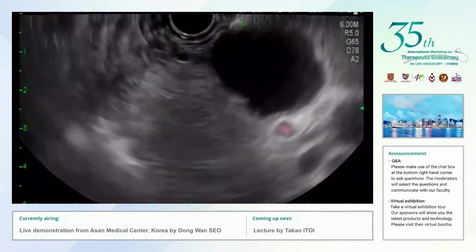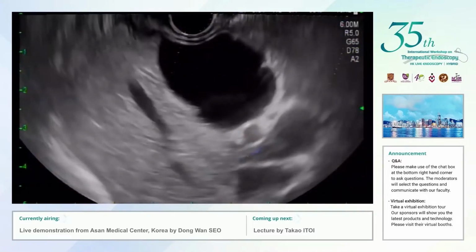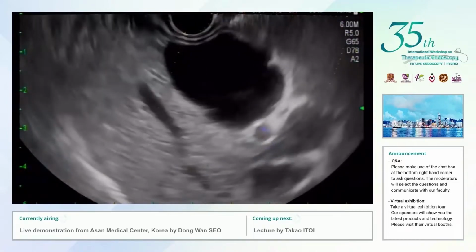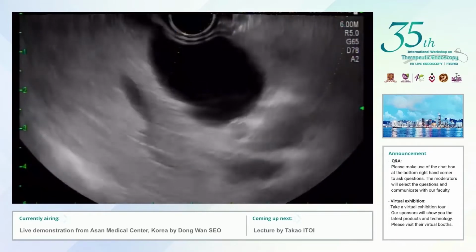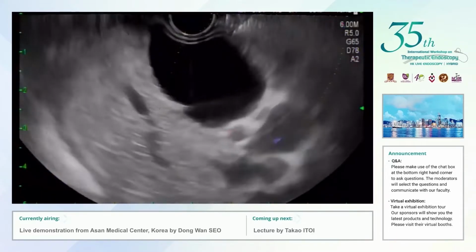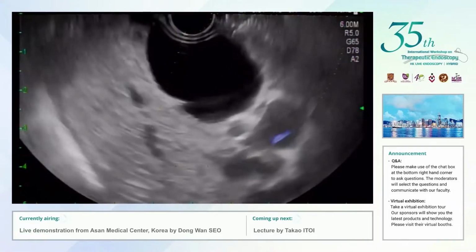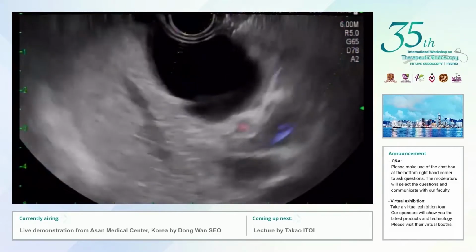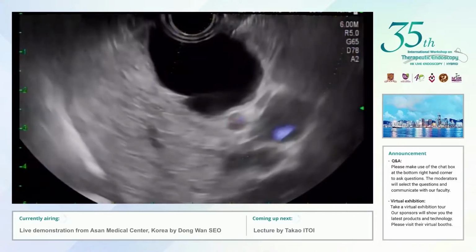So locate the needle tip first, and then I'll try to pull back my echo endoscope and try to get a stable position because of respiration, and sometimes aortic pulsation can create some movement of the cyst. There is no big intervening vessel, so I'm going to puncture probably at this angle.